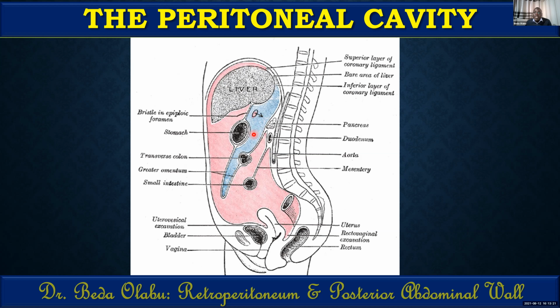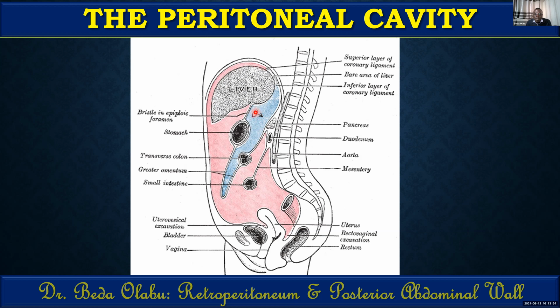Usually, the lesser sac is also called the omental bursa, and it is behind the stomach. So there's the cavity we call the lesser sac, and the cavity we call the greater sac. The only communication between the two sacs is somewhere near the liver. There's an opening showing that the larger and the smaller sacs are in communication.